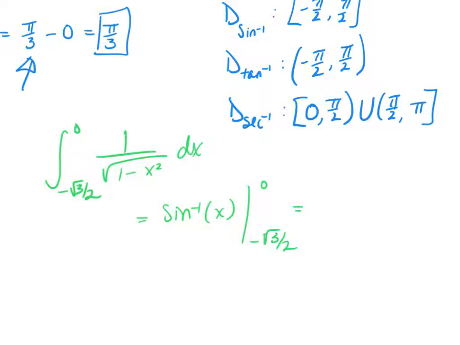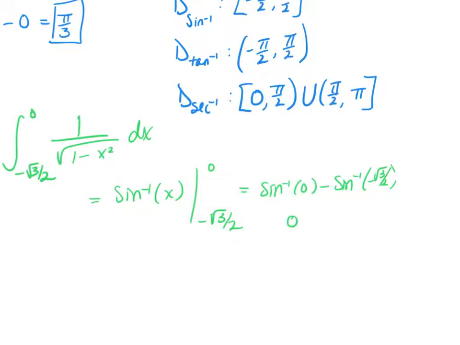That is the sine inverse of 0 minus the sine inverse of negative square root of 3 over 2. Well, this is going to be 0 minus negative pi thirds. So the answer to this is also pi thirds. That's why I took a moment to talk about where the inverses are defined, because you have to pay attention, if you're doing the definite integral, to what values you're actually going to be able to use.